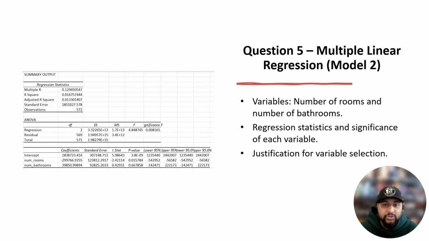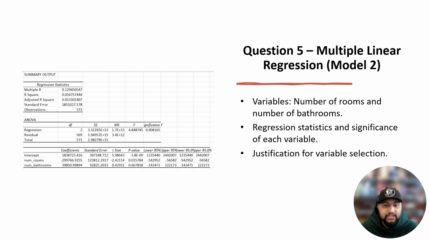Then we are talking about question five, multiple linear regression, model two. In model two, we use multiple linear regression to examine the influence of both the number of rooms and bathrooms on house prices. The number of rooms remains significant with a p-value below 0.05, indicating a substantial effect. The number of bathrooms does not show any significant contribution.